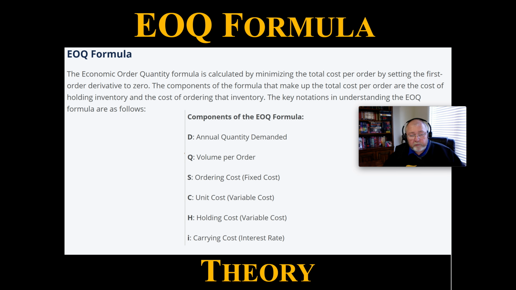Well, if your demand were 2,000 and you ordered 10 times a year, then Q would be 200 every time. S, what is your ordering cost, fixed cost? C, what is your unit cost? How much does it cost you per each unit that you order? H, what is your holding cost? And i, what's the interest rate or the carrying cost?